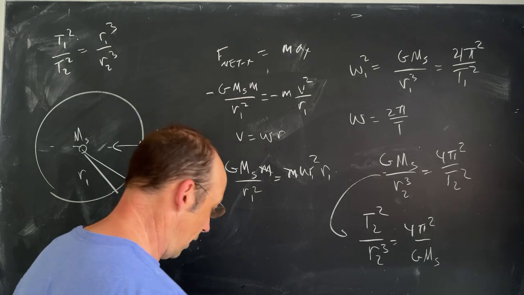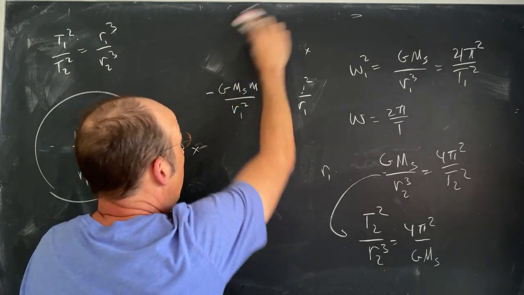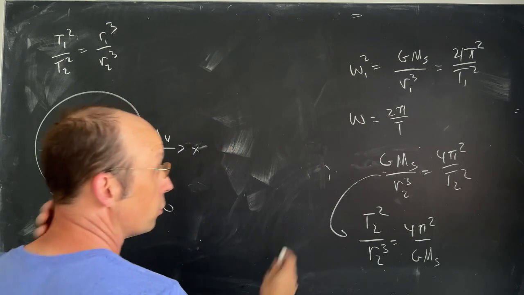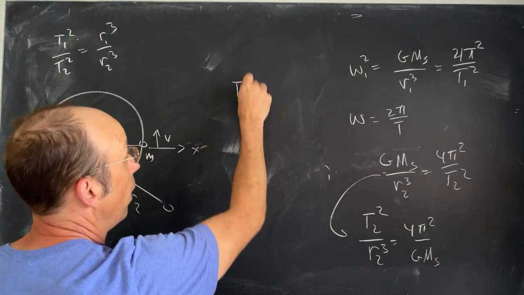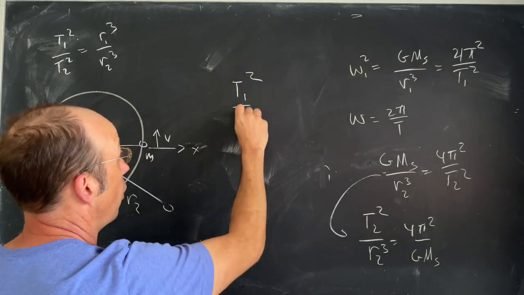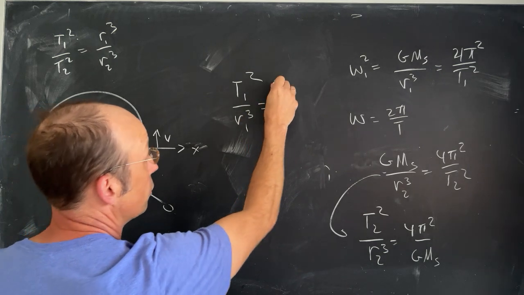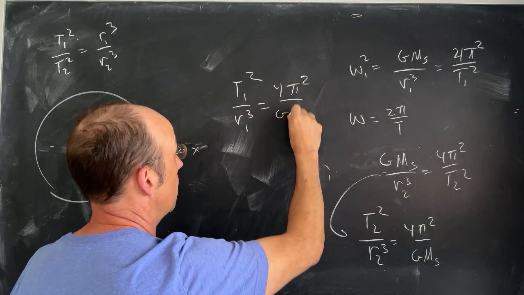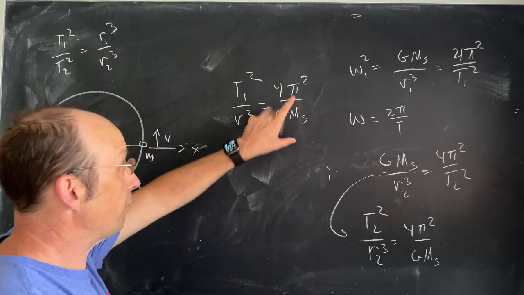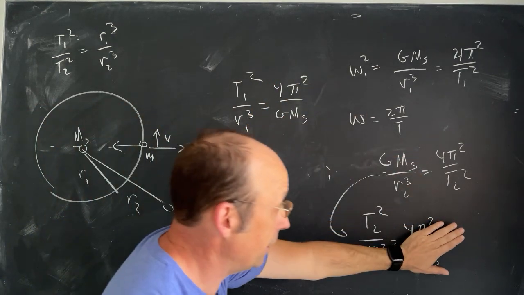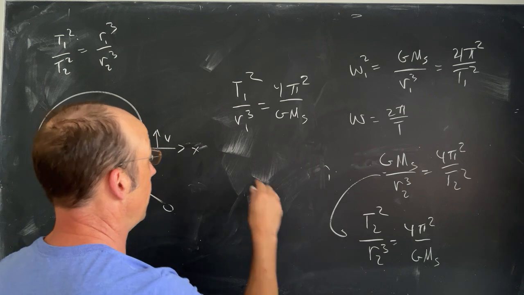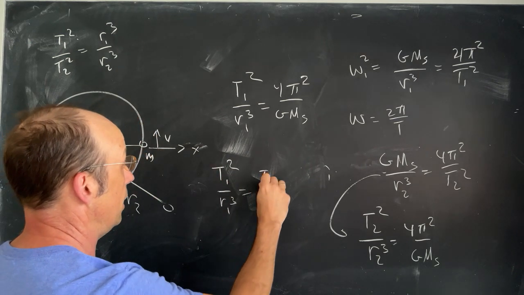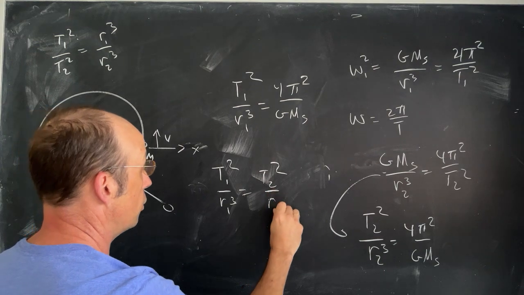Now, what if I did that with that equation right there? I can do the exact same thing. I'm going to get T1 squared over r1 cubed equals 4 pi squared over G mass of the sun. But now you notice that this is a constant that's equal to that, so this has to be equal to that. So T1 squared over r1 cubed equals T2 squared over r2 cubed.